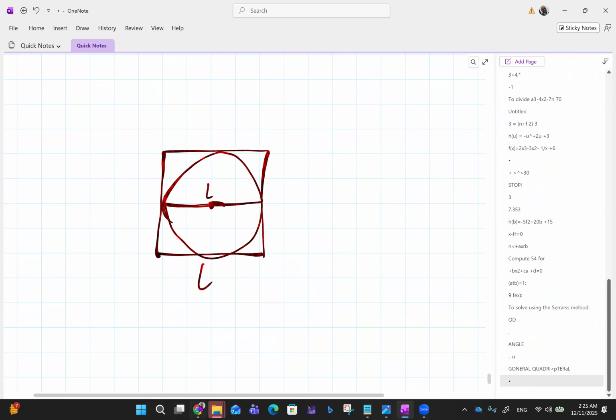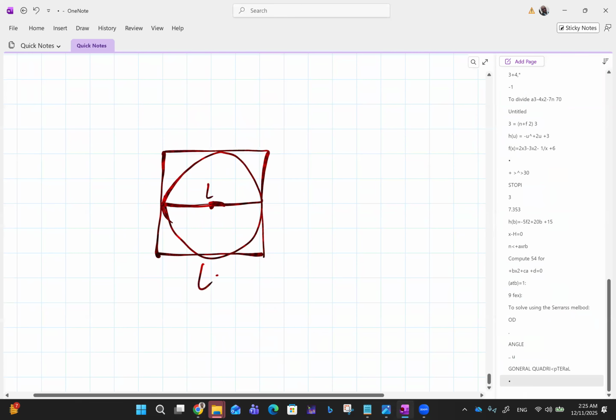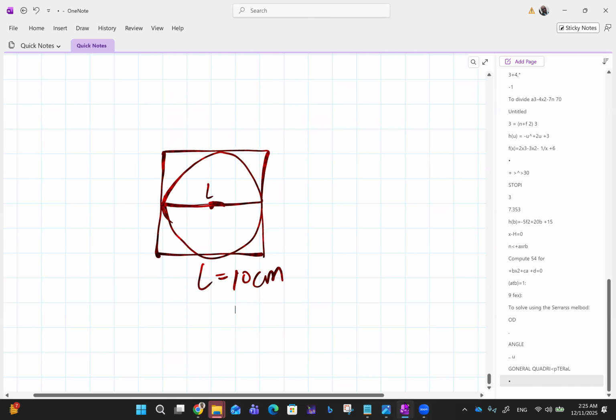What's the information? We say that a square of side 10 centimeters. The side is 10 cm. We have established that because the circle touches all the sides, the diameter of the circle is also 10 cm, and that makes sense. The square is shaded and the circle is unshaded.